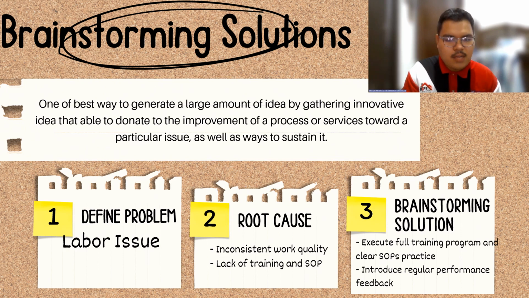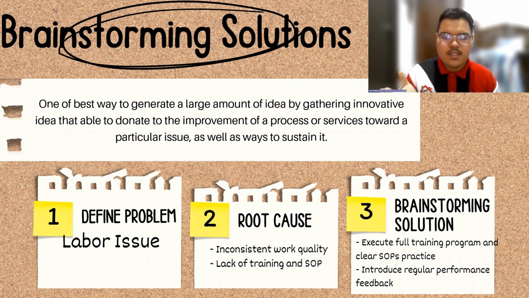However, there comes a time when all of the gathered ideas will be filtered down to make a decision on which is the best solution to solve the problem for this project. For example, from our project, let's pick one of the realized problems from our issue, which is the labor issue.